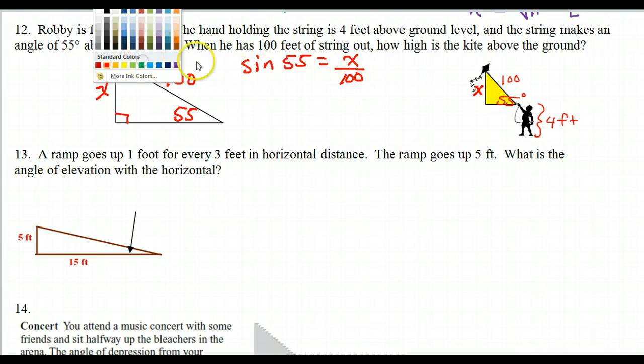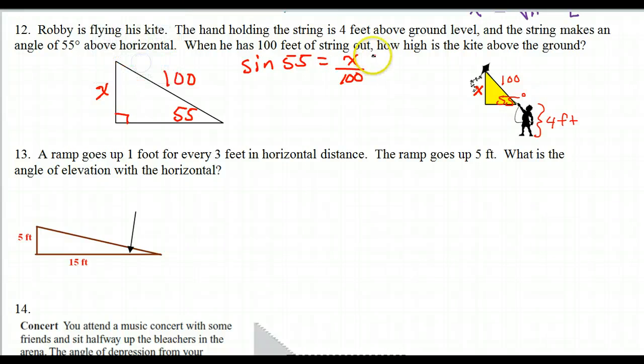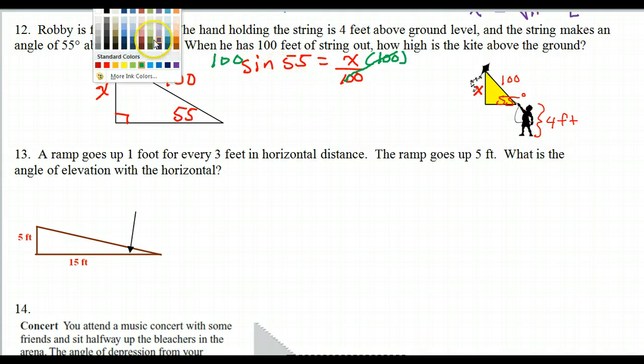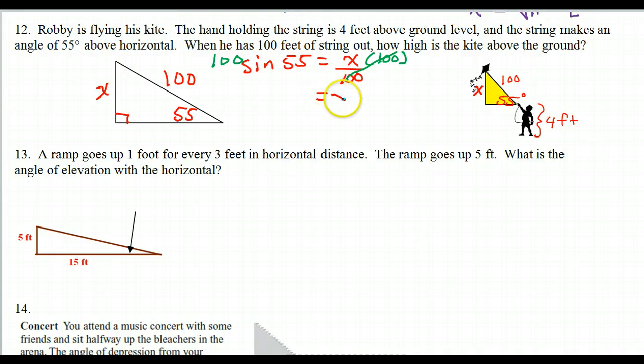To get x by itself, I need to multiply by 100. All right, so 100 sine 55. So x is 81.9 feet.